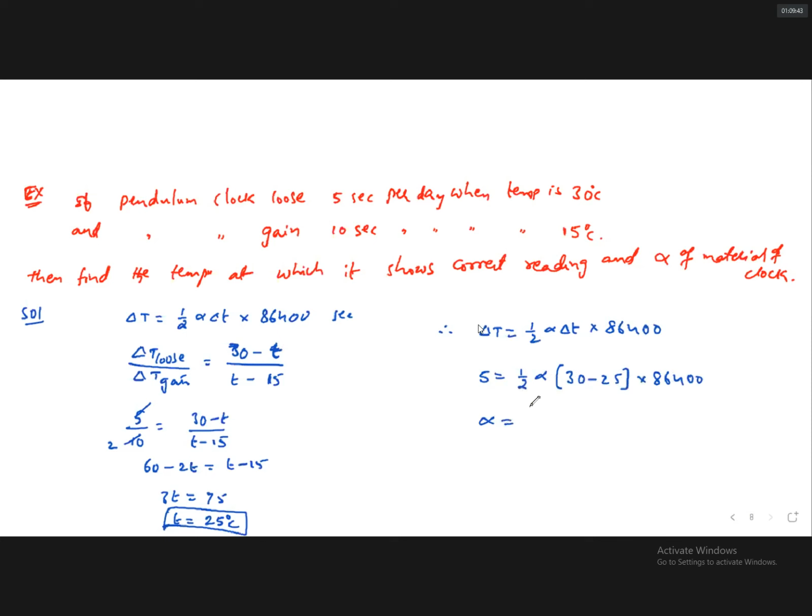Therefore, alpha is equal to 2 by 86,400, that is 1 by 43,200 degrees Celsius inverse. Like that, we can calculate the alpha value.